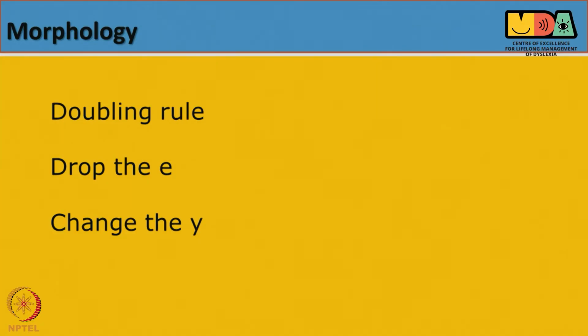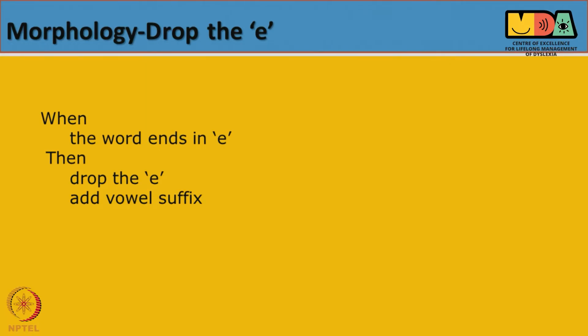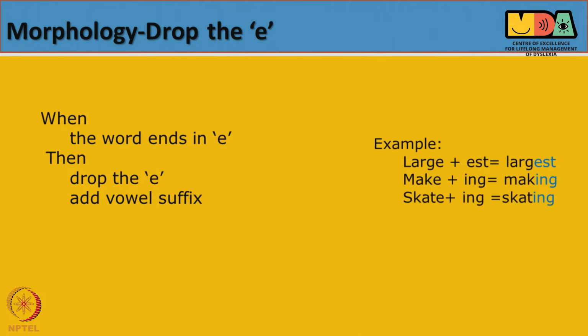Our next rule is the drop the E rule. The rule goes like this. When there is a word that ends in E and you want to add a vowel suffix, then you have to drop the final E and add the vowel suffix. For example, the word large ends in E, but you want to add EST.